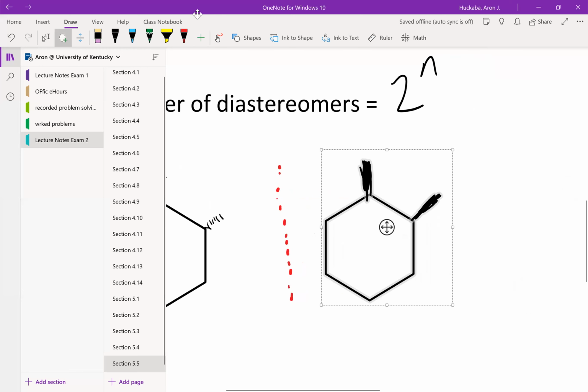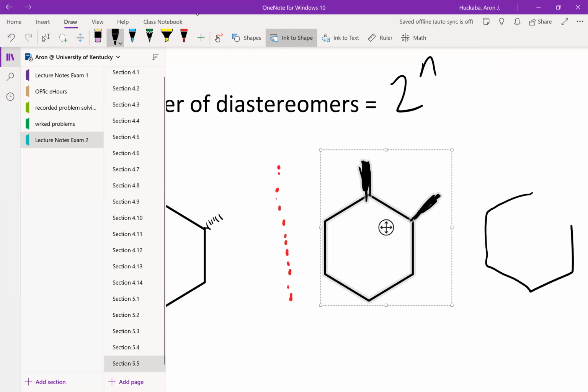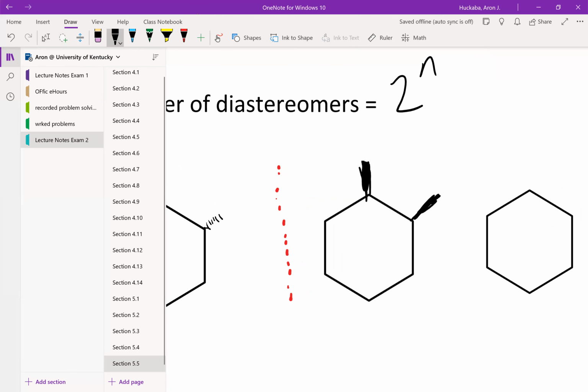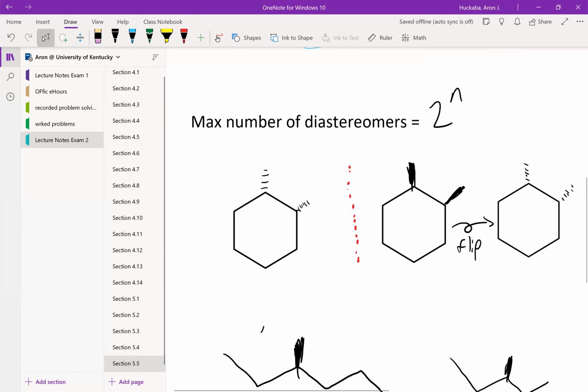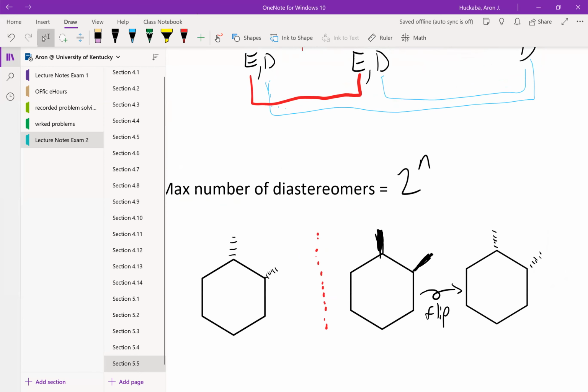We flip it right over. We'll say that's a flip. So then that's the same molecule that we just had before, right? So since that's the case, they are not enantiomers and they are not diastereomers. They are identical molecules.